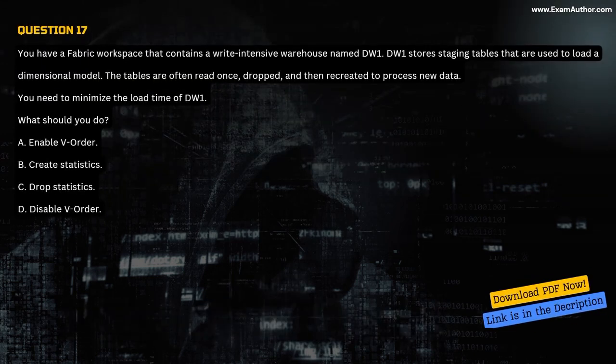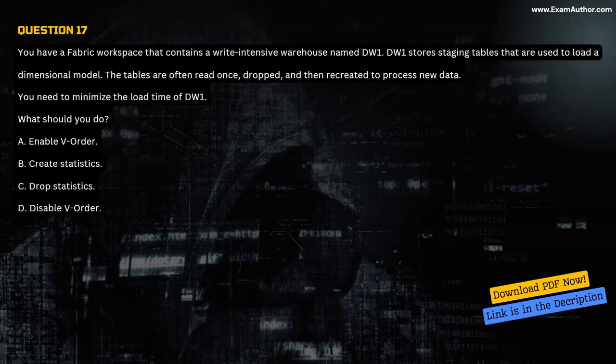Question 17. You have a Fabric workspace that contains a write-intensive warehouse named DW1. DW1 stores staging tables that are used to load a dimensional model. The tables are often read once, dropped, and then recreated to process new data. You need to minimize the load time of DW1. What should you do? A. Enable VORDER.